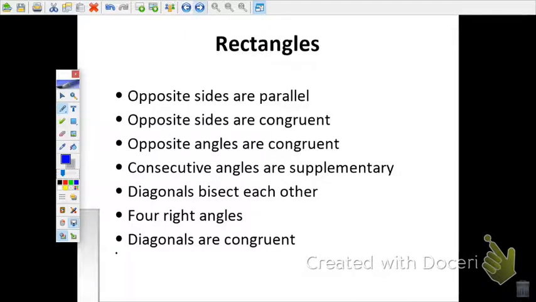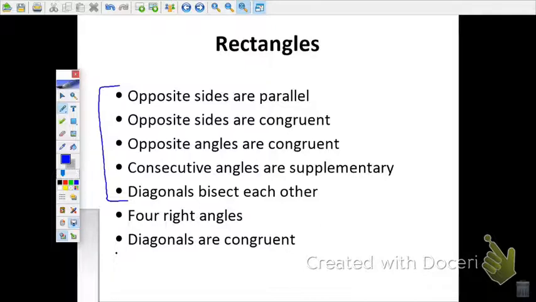So if you look at the rectangle flap in your interactive notebook, we have a number of properties, so I will give you time to get those written down. When we look at these properties of rectangles, these first 5 should sound familiar to you because those 5 properties are properties of all parallelograms.